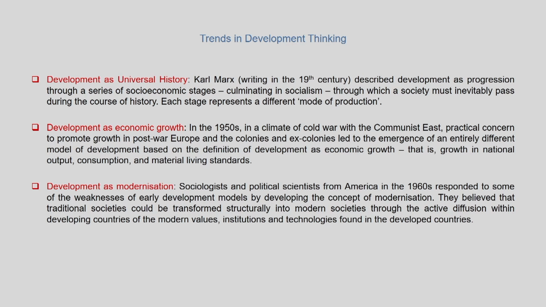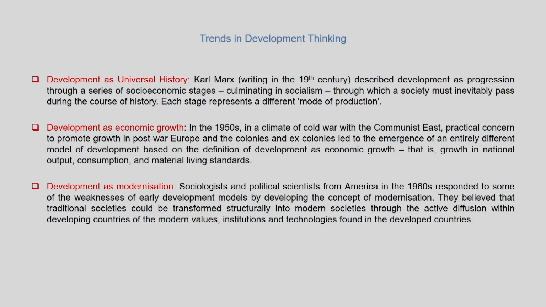Now, to begin with, one of the first trends in development thinking can be categorized as what is referred to as development as universal history, and that can be traced back to the writings of Karl Marx, who was writing in the 19th century. It can be described as a progression through a series of socio-economic stages culminating in socialism, through which a society must inevitably pass during the course of its history.